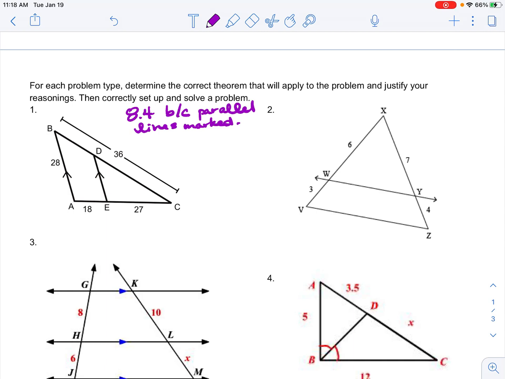That's my justification. Now, I can tell you that you're not going to use 28. And to find this length, you're going to do 36 minus x in order to determine it. And this one would be x.